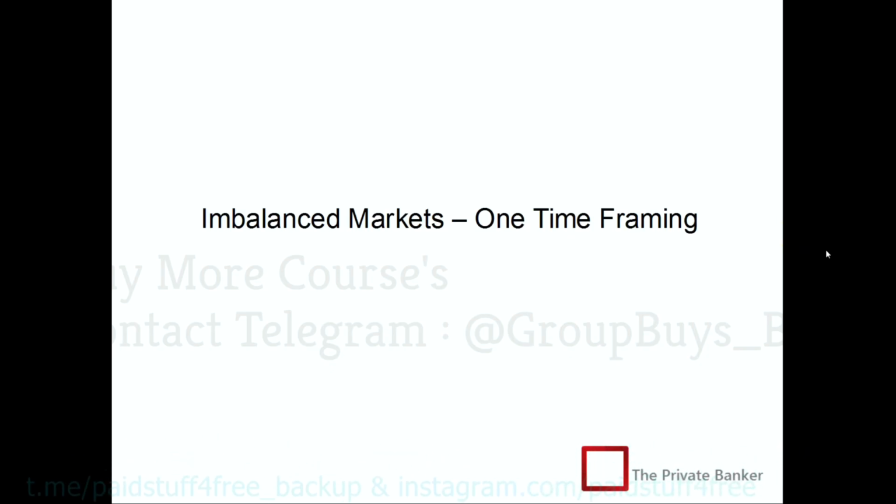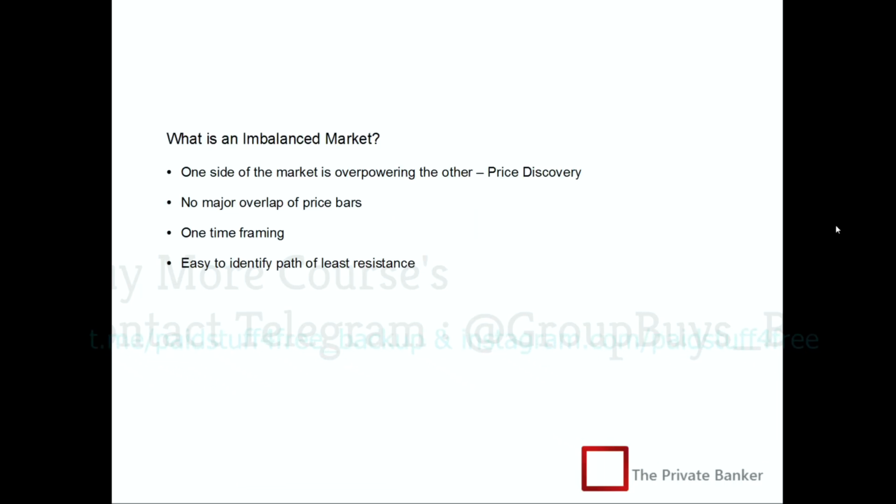So let's talk about imbalance markets, also known as one time framing, as opposed to balance markets. So what is an imbalance market? An imbalance market is where one side of the market is overpowering the other, which simply results in price discovery. So if there's no sellers at the highs, the market has to keep going higher and higher until it eventually does find those sellers.